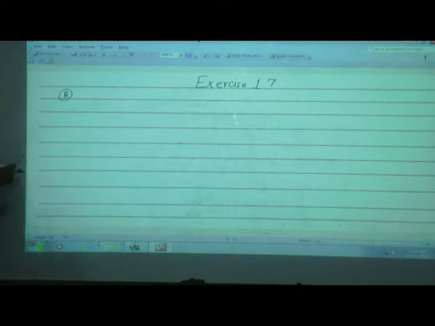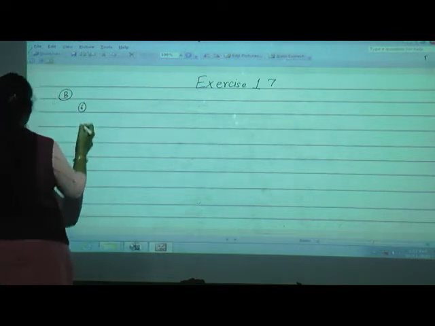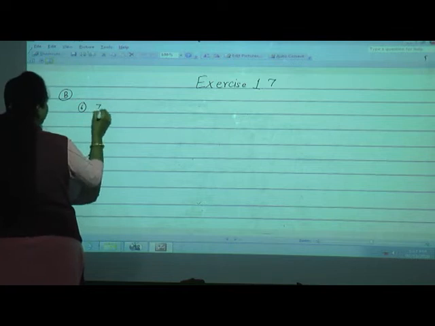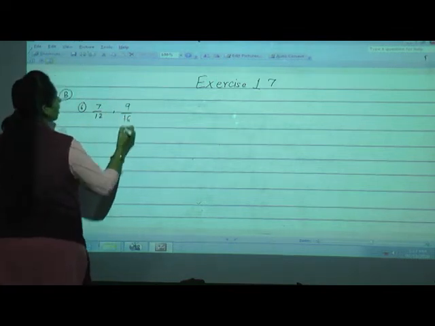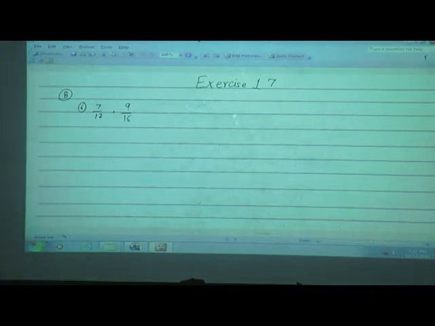Now I will solve the sixth one for you. See the sixth question. 7 upon 12, 9 upon 16. Now see, the denominators are different. When the denominators are different, we have to find the LCM.